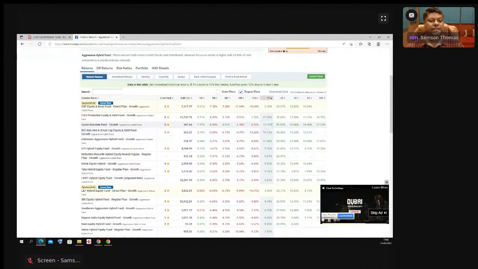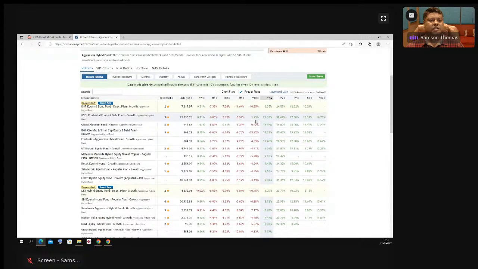Okay, there are some exceptions over here, but the normal returns will be around 9 to 12%. If you see YTD returns, except one fund here, it has got 13%. It has performed badly. The other funds have around 4 to 5% negative YTD.